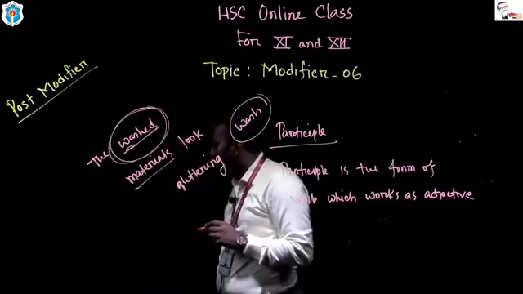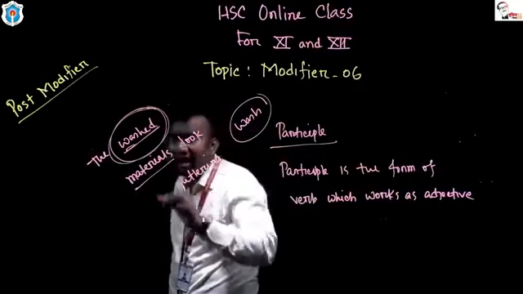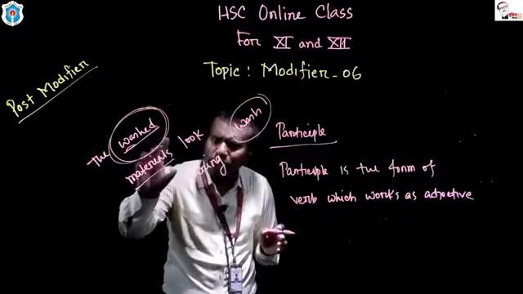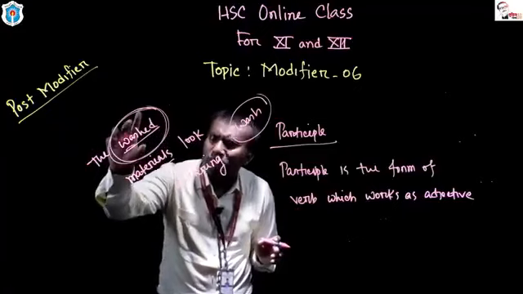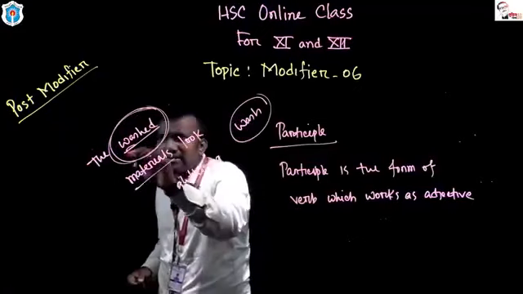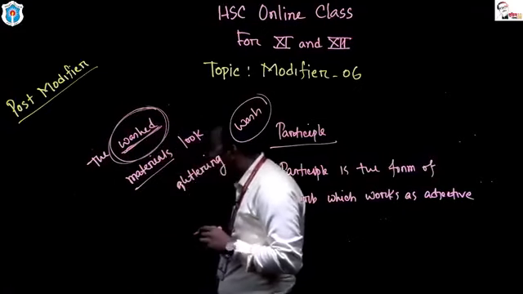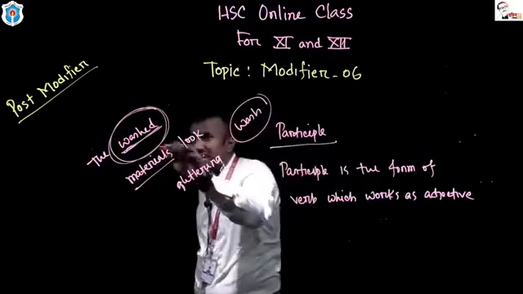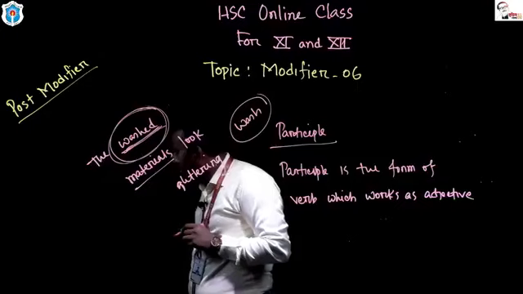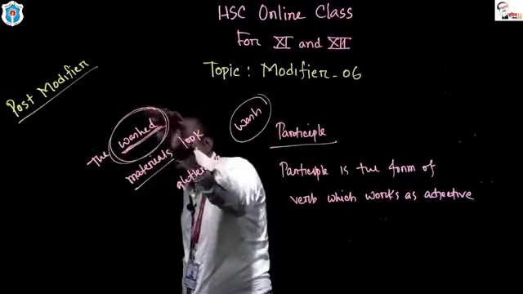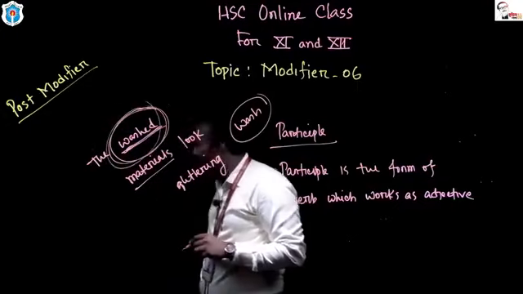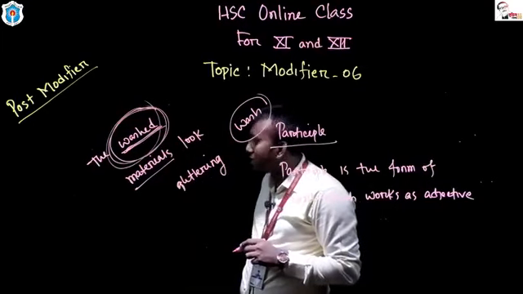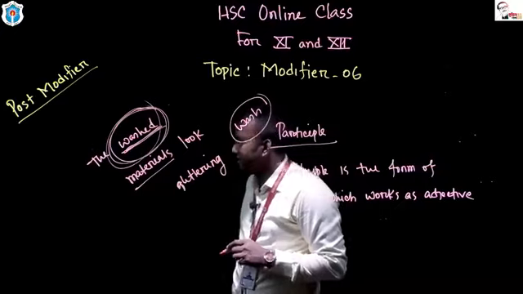Materials is a noun, and this noun is being modified by washed. Can I say that this washed has become an adjective? This washed will be termed as participle. Clear to you?